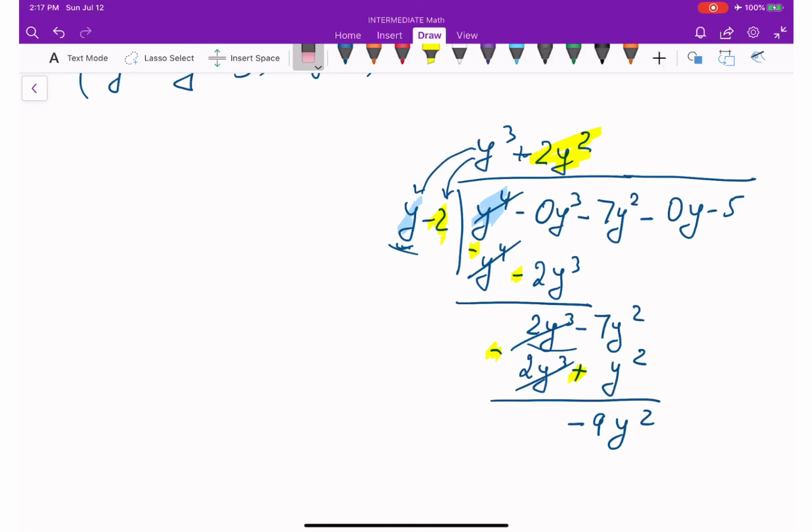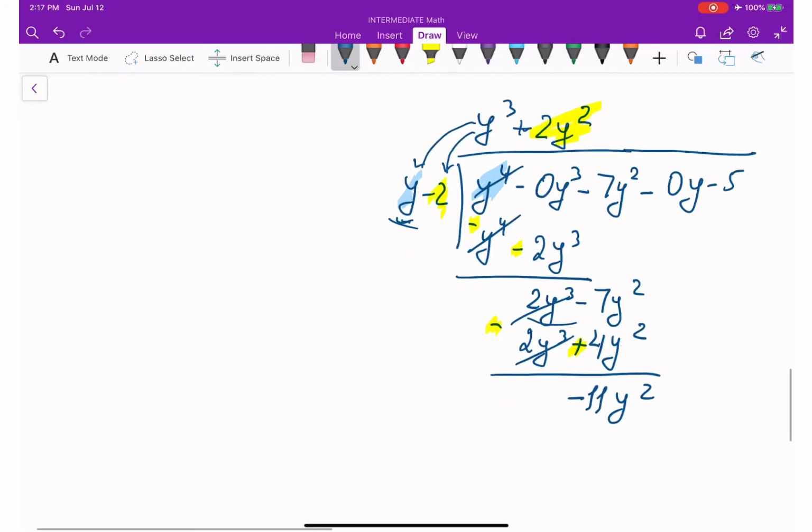Gee. Okay, 4. So it's going to be negative 7, negative 4, it's going to be negative 11y squared. Okay, so bringing down 0y.